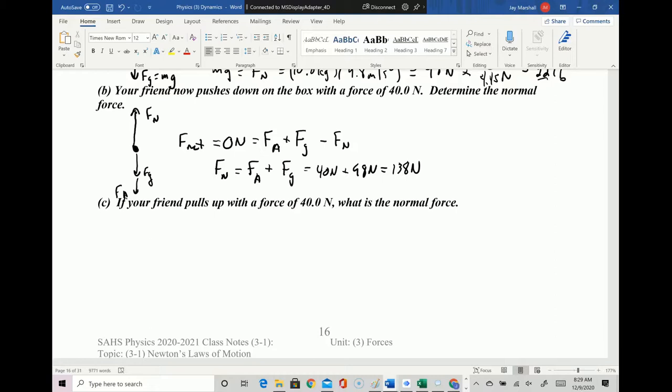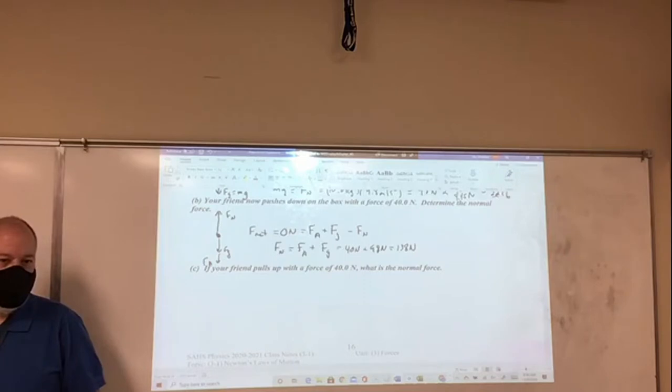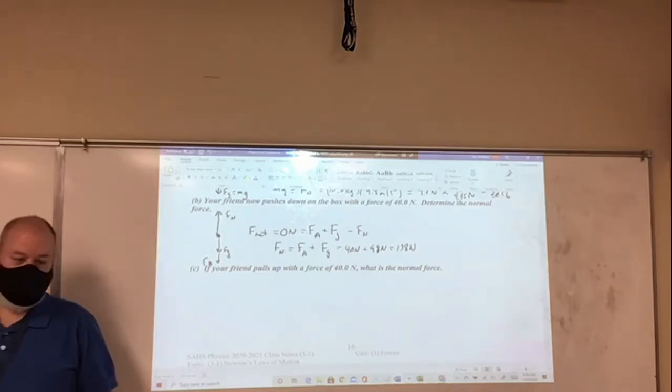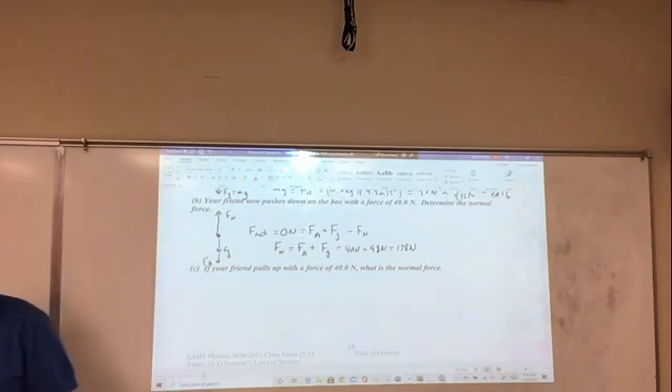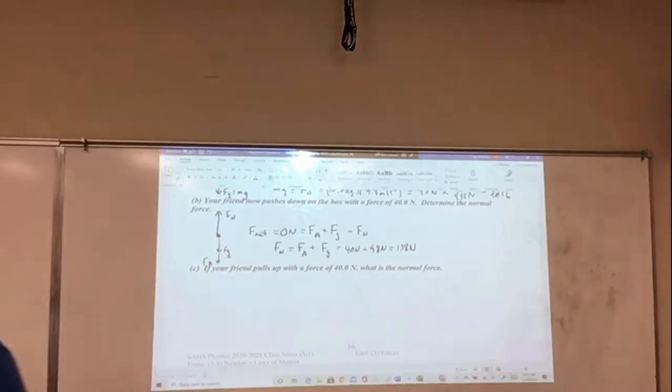Would you be accelerating upwards though? Yes. If I'm pulling up with a force of 40 newtons, is that going to overcome the force due to gravity? No, it's not. So it'll still be no. That's one of the questions that you have to answer: is it accelerating because I'm pulling up instead of pushing down?